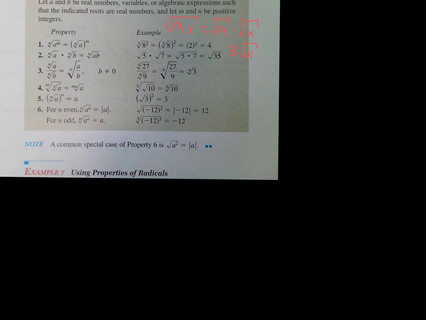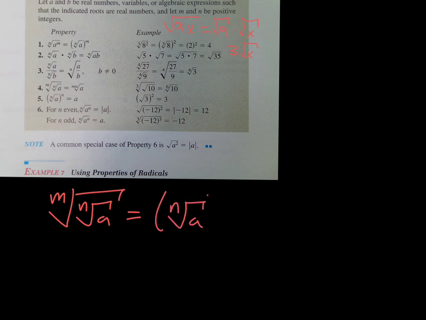So they start with this. And then what you're allowed to do is say, is it okay if I write that like that? Does that make sense? And so then that's also saying we can write this inside.